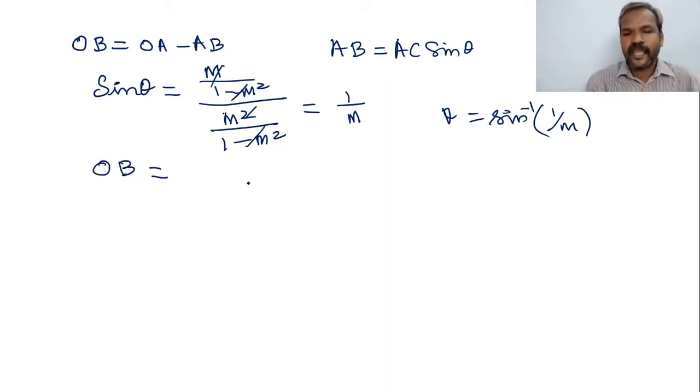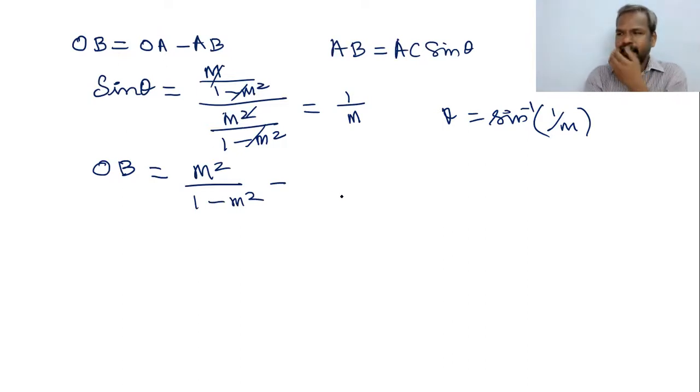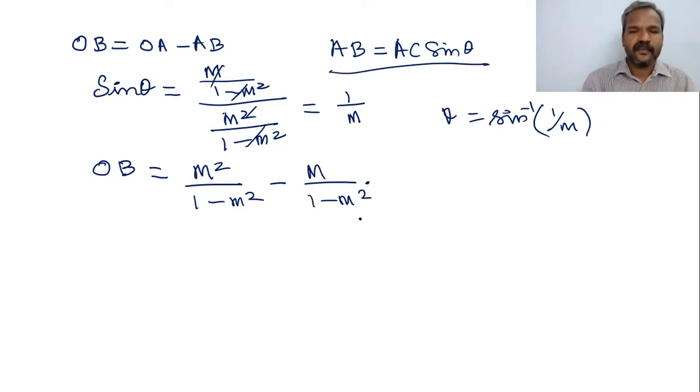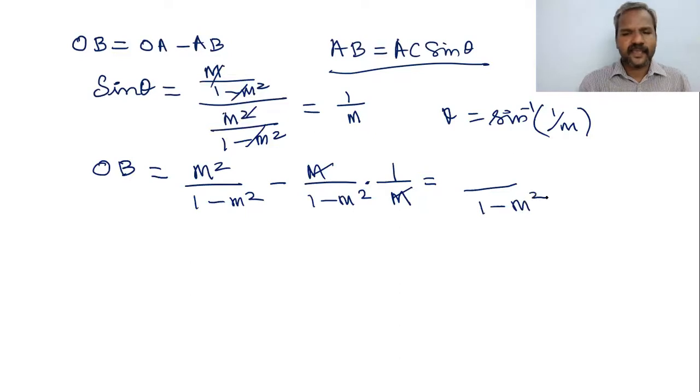OB equals OA, which is m square divided by 1 minus m square, minus AC. AC is m by 1 minus m square into sine theta. Sine theta is 1 by m, so m cancels. Take the LCM, 1 minus m square.